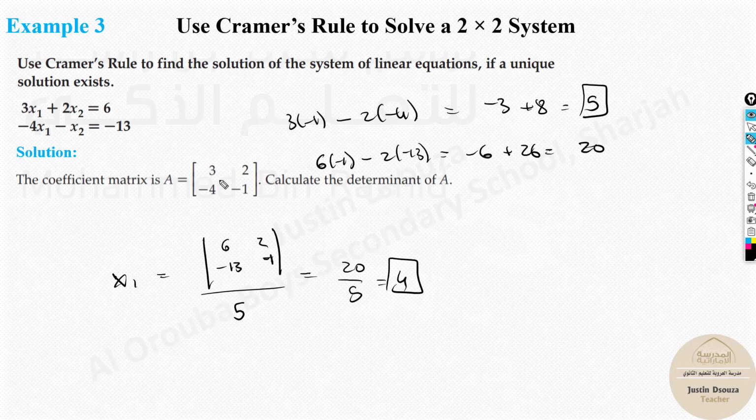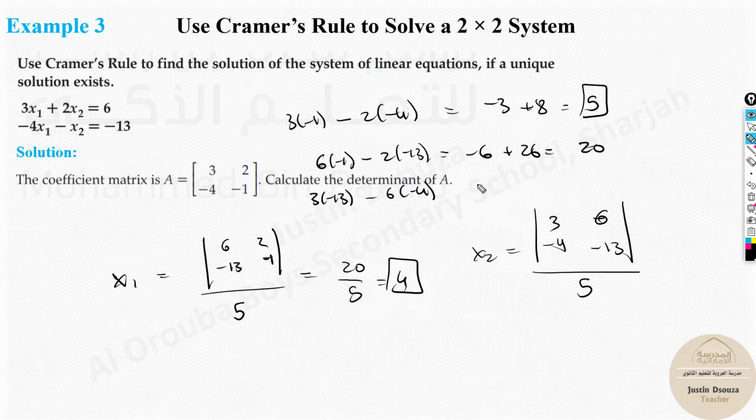That's the answer. If you want to find x2, x2 would be equal to the determinant of 3, minus 4. This column remains, but only the next column changes. Instead of the coefficients of x2, we write positive 6 and negative 13, divided by 5. What is the determinant of this? It will be 3 times minus 13 minus 6 times minus 4.